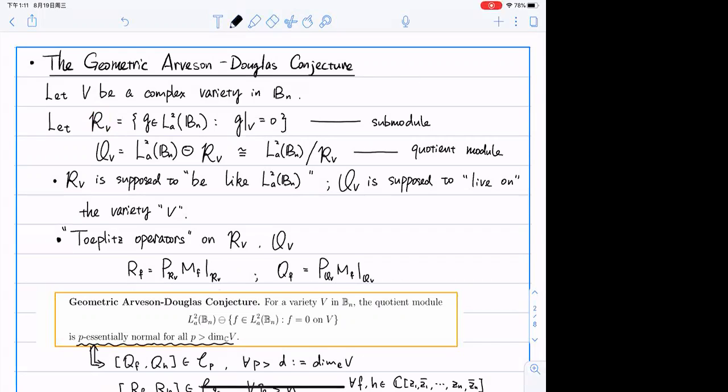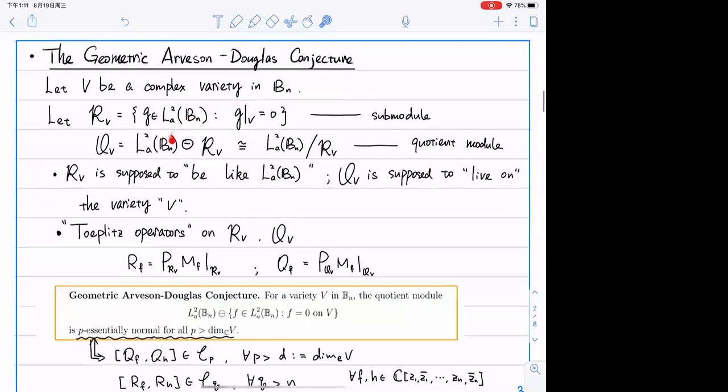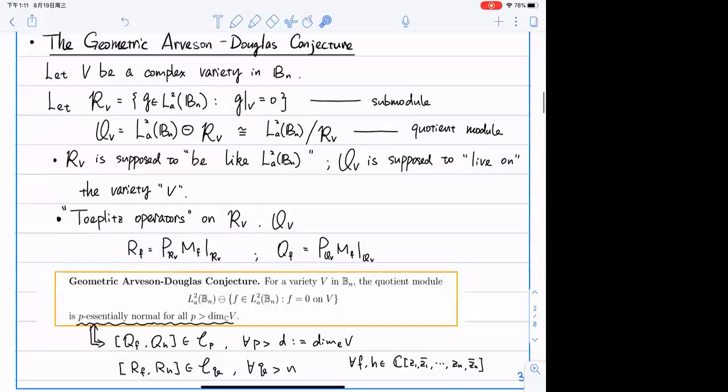So you are considering a module over this ring. Correspondingly we have a quotient module, which is the orthogonal complement. If you compare it with geometry, there should be very similar settings.